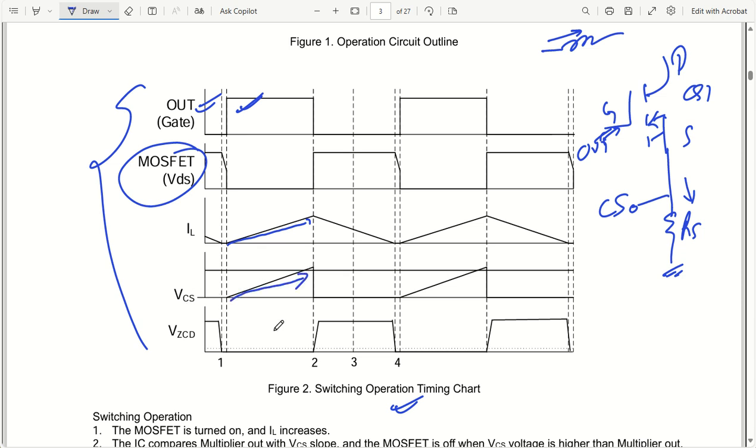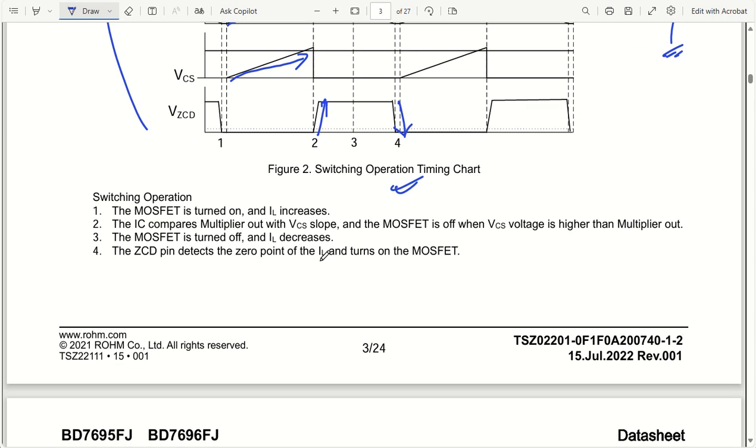Understood? And at that time the voltage across the ZCD point, that is zero cross detection, will be 0. For the next cycle it will go into the next phase, and then again it will go back, and only then it will start. This is how it is going to work out. If you want, you can read this particular understanding again.